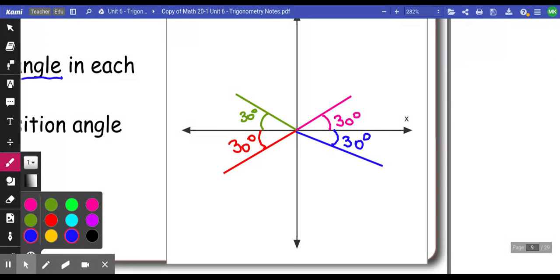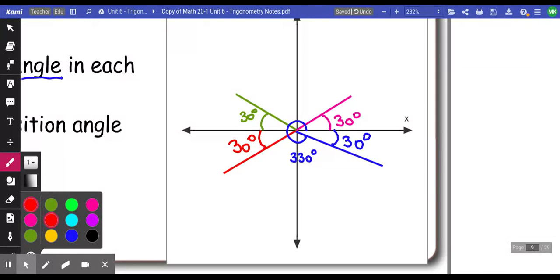So for instance, with this blue one, my standard position angle would be from the x-axis counterclockwise all the way to the terminal arm, like that. So it would be that massive angle, that's almost a full circle. In fact, it's 330 degrees.